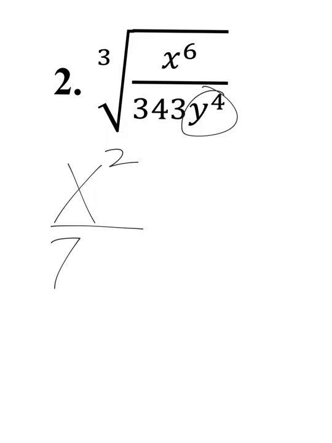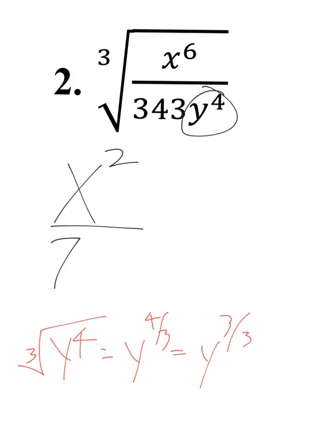What is the third root of y to the fourth? Well, I'll do that in red. The third root of y to the fourth is the same thing as writing y to the 4/3 power. And why is that useful? Because you can split that up to, say, 3/3 plus 1/3, because 3 plus 1 is 4.